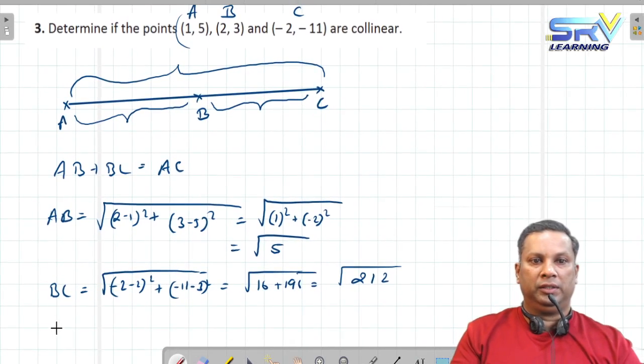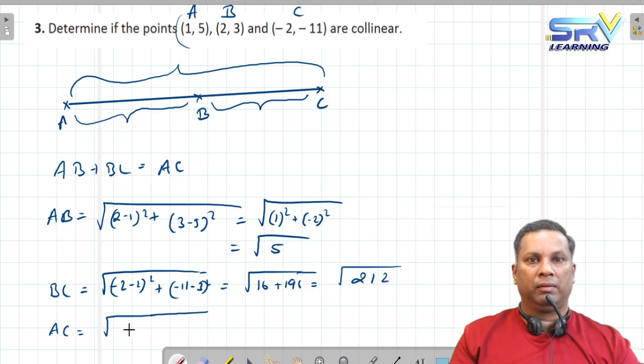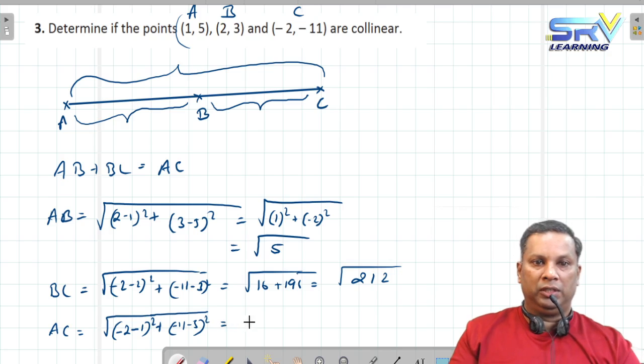Let us find AC. AC is root of minus 2 minus 1 whole square plus minus 11 minus 5 whole square. So let us see what it is.